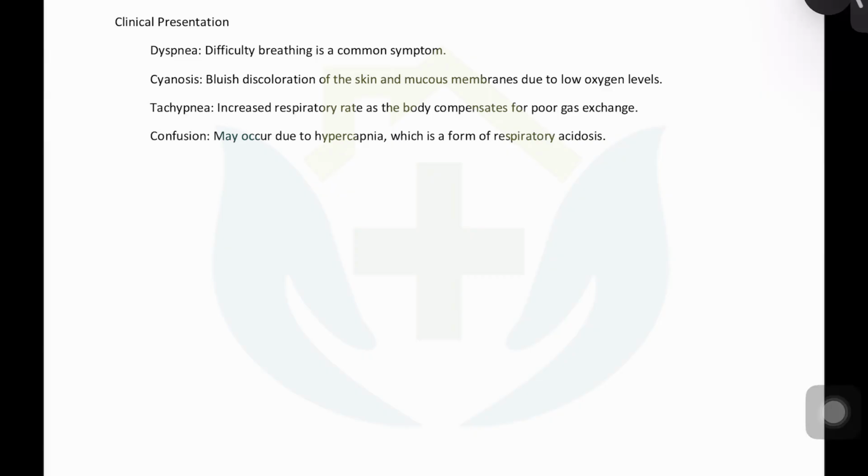Their tachypnea is getting away, and now they are going into shallow breathing and maybe slower breathing, and then they will need intubation. So this is one very important point in the MCQs that you always need to look for, if the patient's respiratory drive is decreased or not.